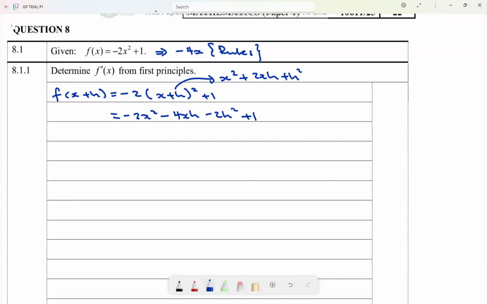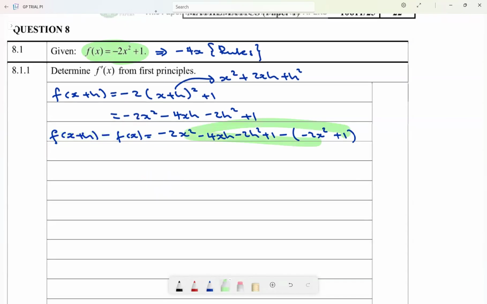Okay? And then you need to come here and say, then how much is f of x plus h minus f of x? So it's going to be negative 2x squared minus. The reason I'm simplifying it here is because I don't want you to cause troubles in the formula there. And what I like to tell my students is when you do f of x plus h minus f of x, whatever you have here should be completely removed.